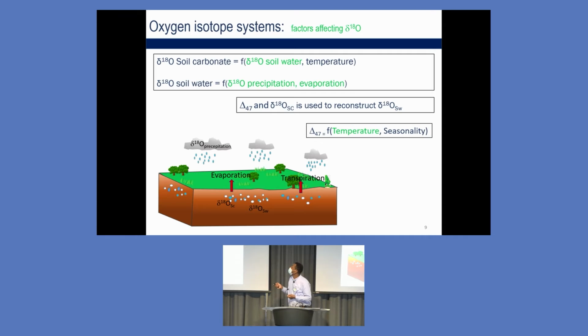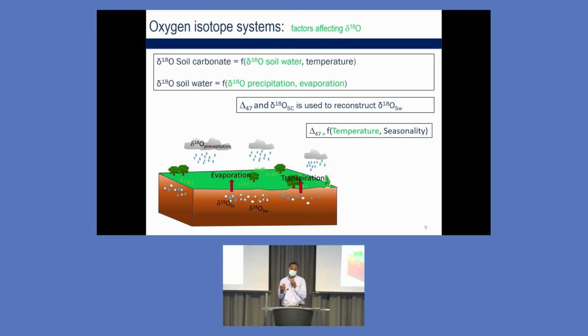But again, the soil water of those materials is a function of the delta 18O, or the oxygen composition, of the rainwater, and also evaporation. The delta 18O measurements will not give us the signature of the evaporation, how much that water body has evaporated.